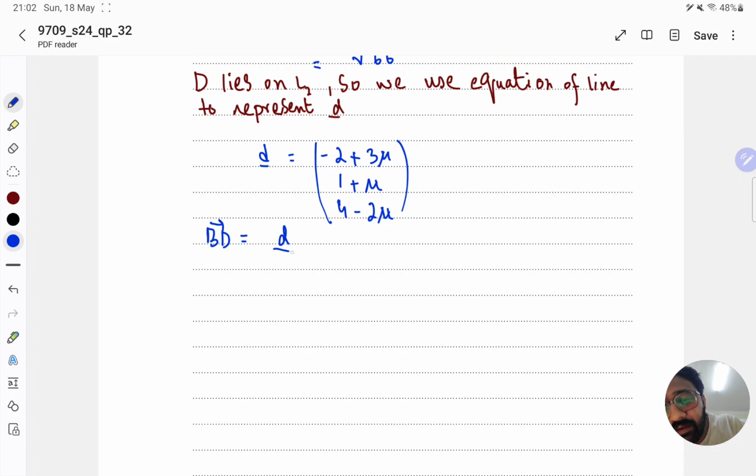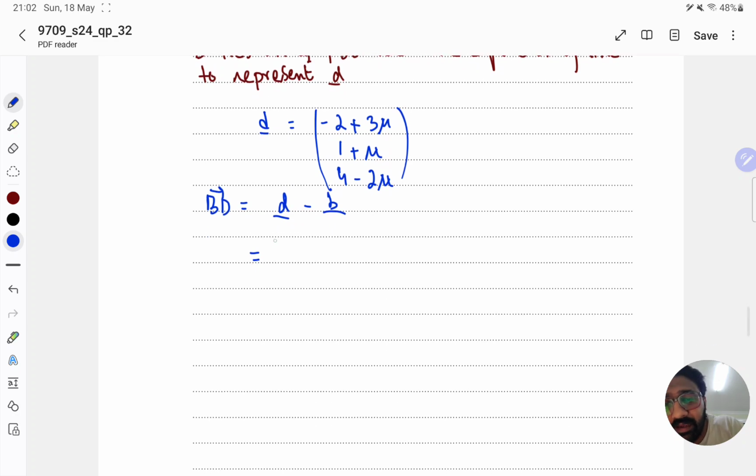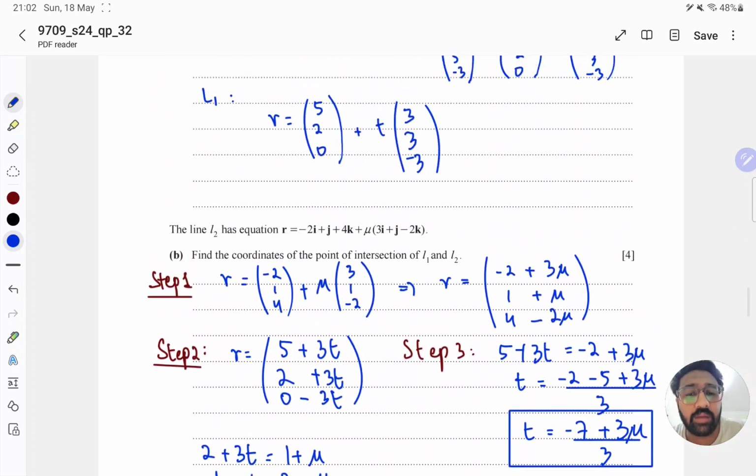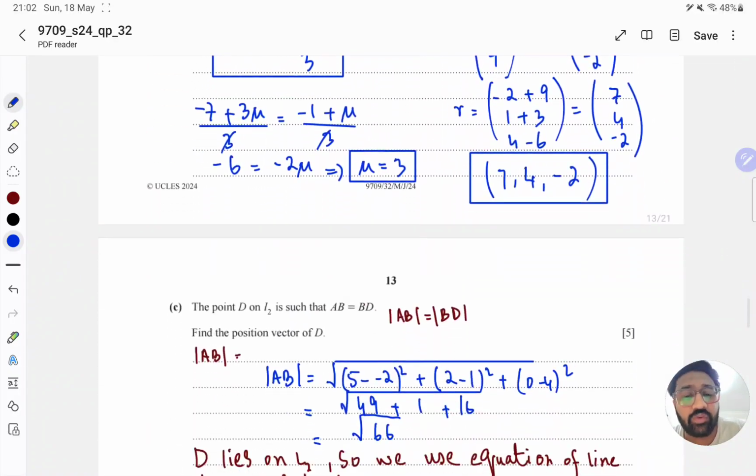BD will be D minus B. So D we already have, and that is -2 plus 3 mu, 1 plus mu, 4 minus 2 mu, minus what is B? B is 5, 2 and 0.